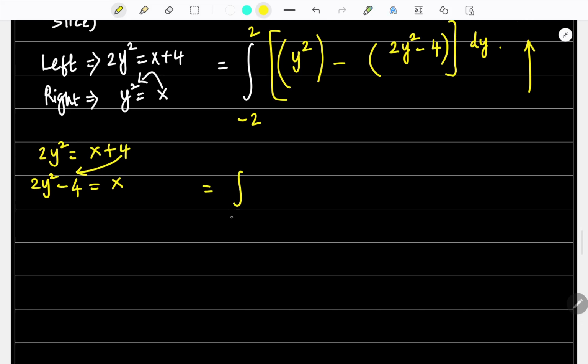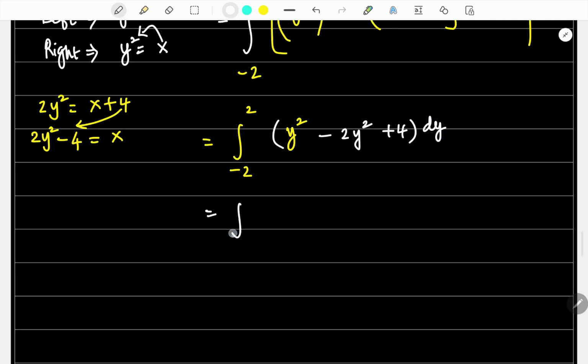So this equals the integral from minus 2 to plus 2 of y square, and then take this inside, minus 2y square. Integration is very easy. The only extra work is doing right minus left, times dy.